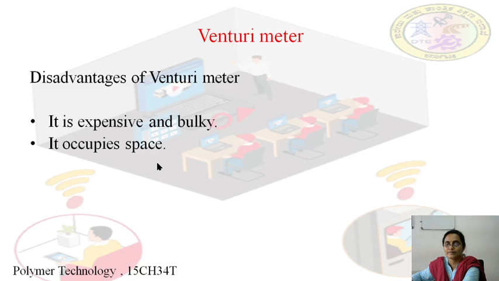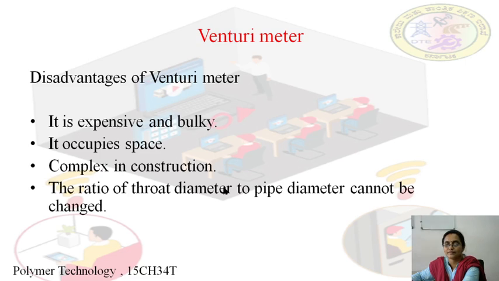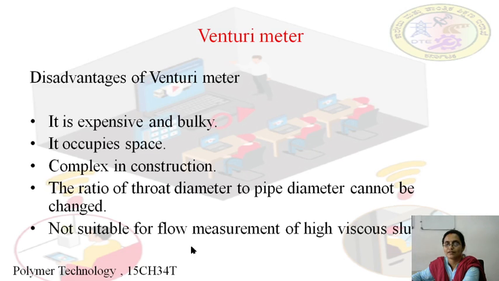It occupies space and is complex in construction. The ratio of tube diameter to pipe diameter cannot be changed. It is not suitable for flow measurement of highly viscous slurries, as it may clog the system.